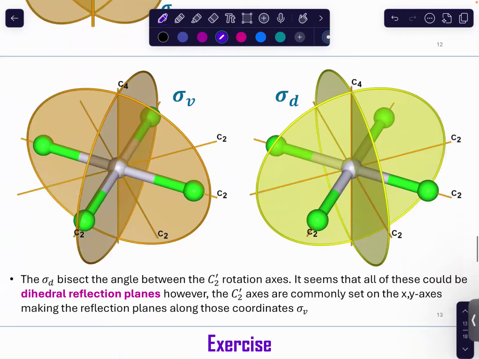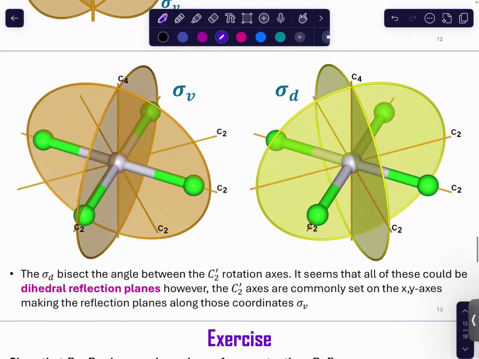Here we're back to our platinum compound. Now let's compare the sigma V's to the sigma D's.